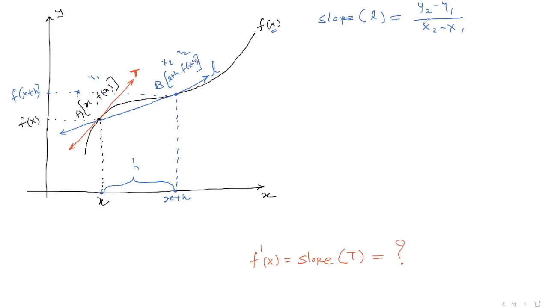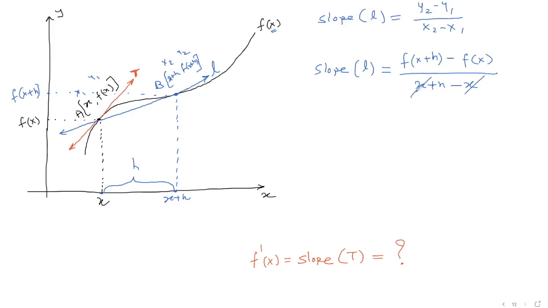Let us use the formula y2 minus y1 divided by x2 minus x1 to find the slope of line L. So the slope of line L is f of x plus h minus f of x, that is y2 minus y1. And x2, the x coordinate of B, is x plus h, minus x1, which is x.